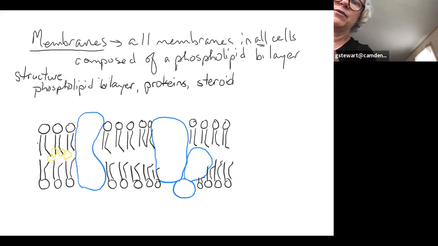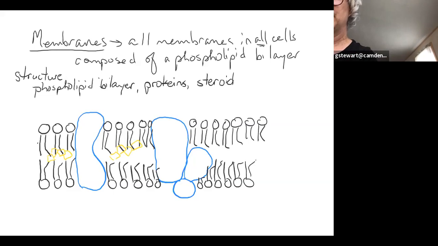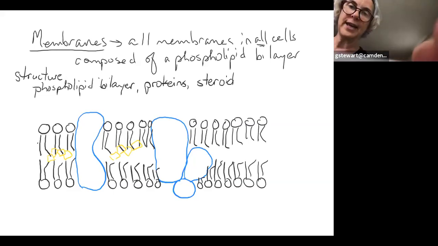So that would be my version of cholesterol in the membrane, which again, you might remember from chapter 5. It's 4 rings with a chain of fatty acids. And I'll continue drawing a few more phospholipids here. Hydrophilic heads pointing outside the cell and inside the cell.